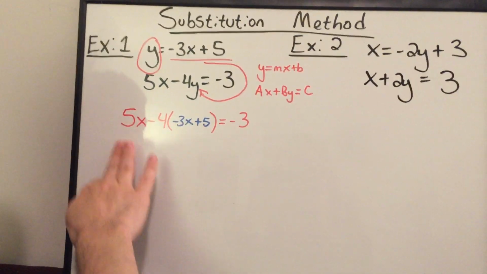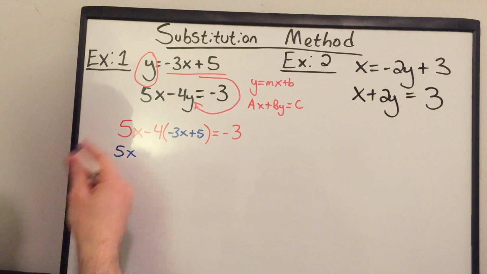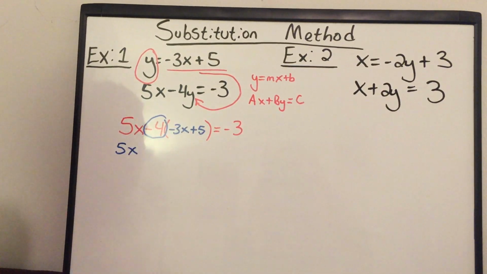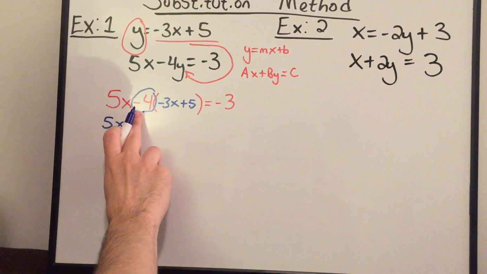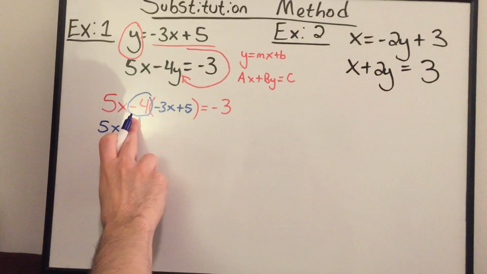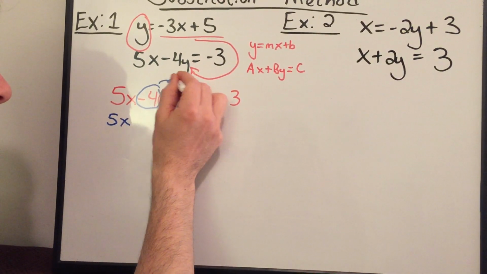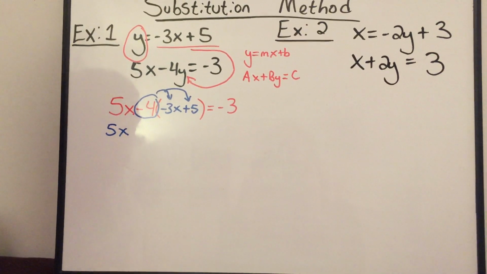So what we're going to do is we're going to clean things up. 5x is good because it's just 5x, but now we have this negative 4 right here. And this negative 4, notice I didn't just look at 4, I looked at the sign that went with 4. We need to take that and distribute it into our parentheses, or what we just substituted in.